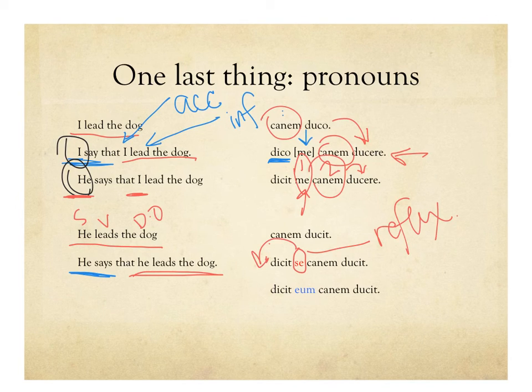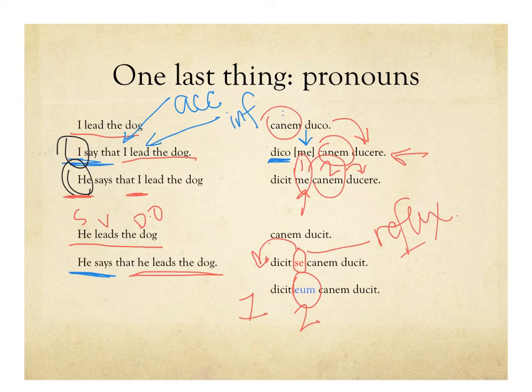These two guys are the same. He's saying that he himself leads the dog. But it's also possible that these he's are totally different people, in which case eum refers to some other guy. Guy number one says that guy number two leads the dog.